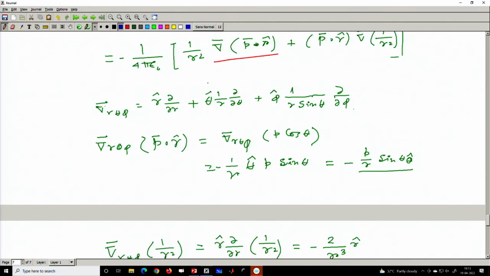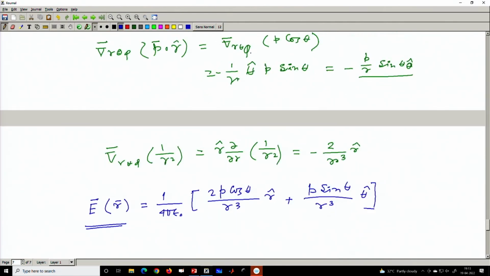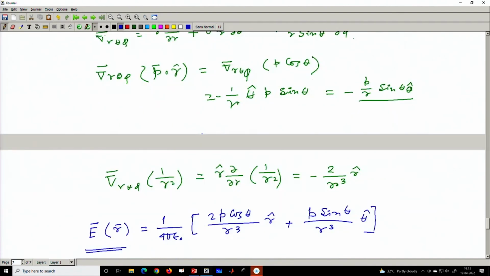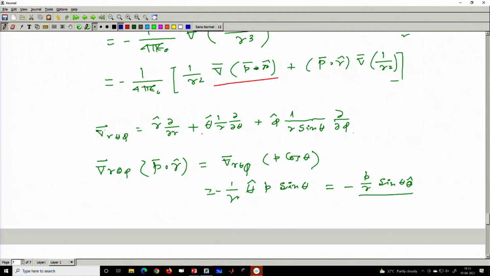But let me go back to here, this is 1 by r square and this quantity, so it should be 1 by r cube, and this quantity p dot r I calculated, let me check. This operator p dot r I calculated, it should be p cos theta, and then I have sin theta. Yeah, p dot r is cos theta.